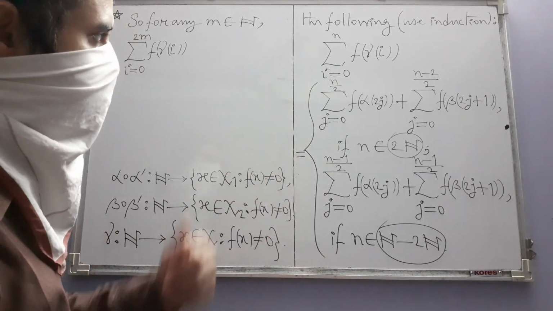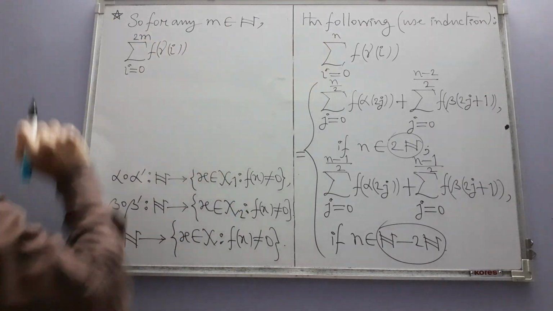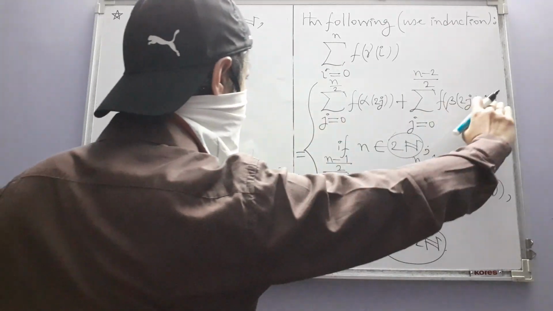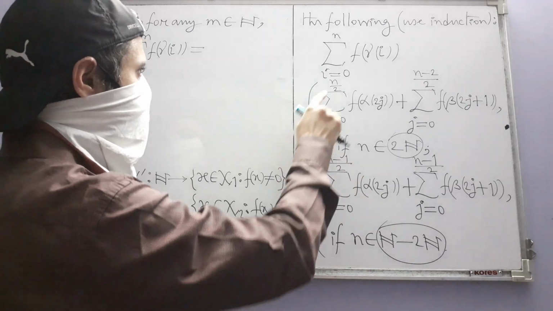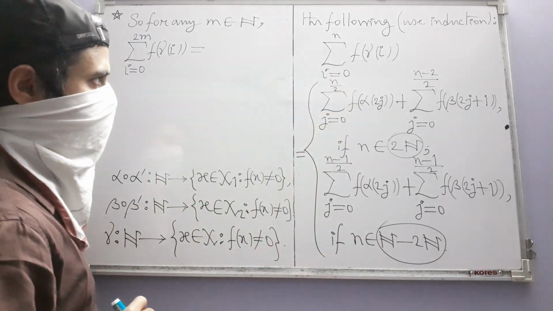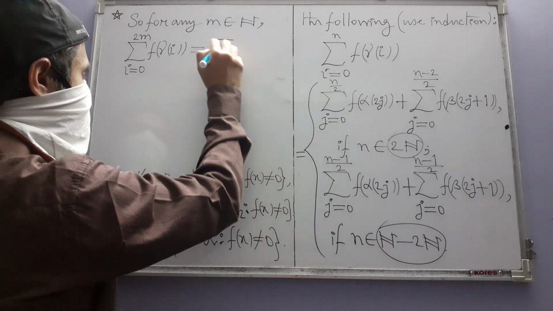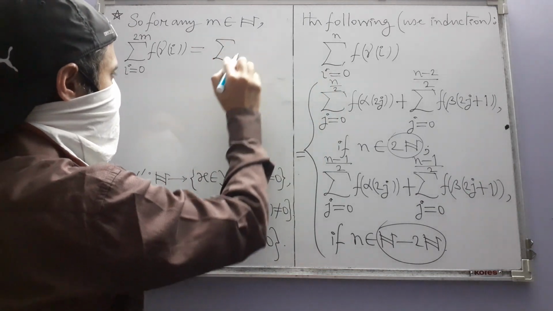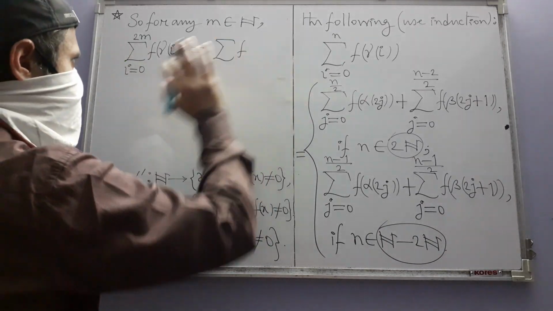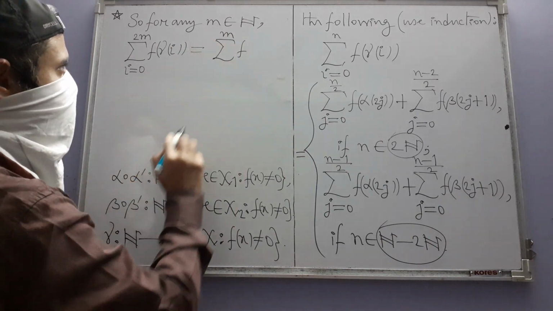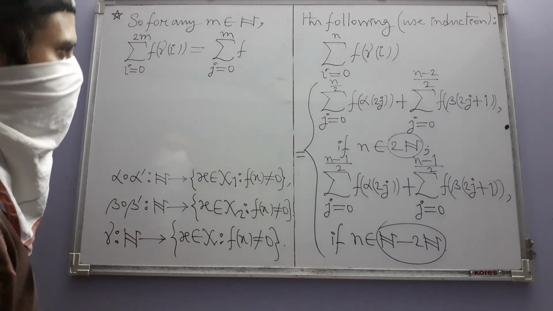Because the n here is 2m, it is even, so this part of the formula is used. So what do you get? If you put n equal to 2m in place of n, then n over 2 becomes first of all m. First of all you have m here and j varies from 0 to m.